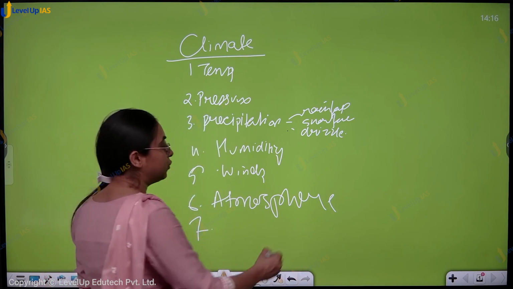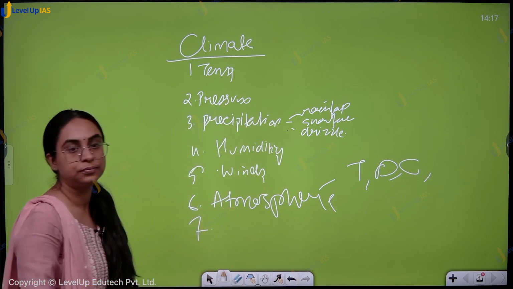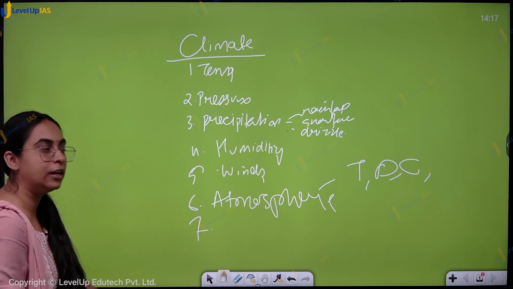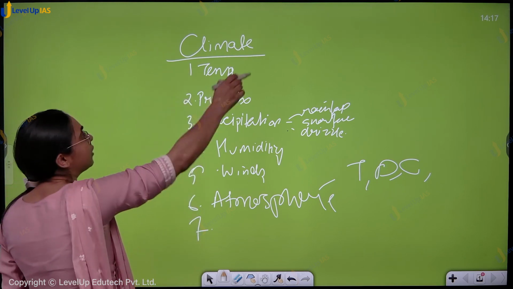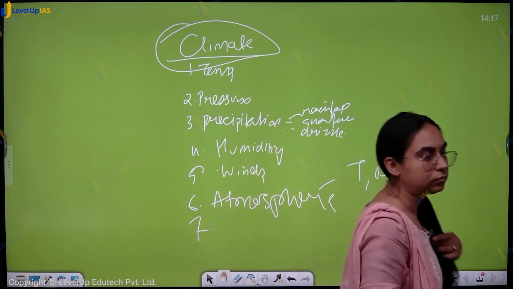Atmosphere: the temperature of the atmosphere, the density of the atmosphere, the composition of the atmosphere. Vegetation is linked to climate, okay? It is linked to climate, but it is not an element of climate. It can indicate a climate.